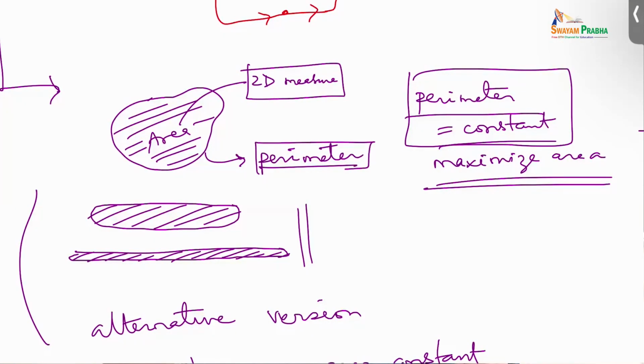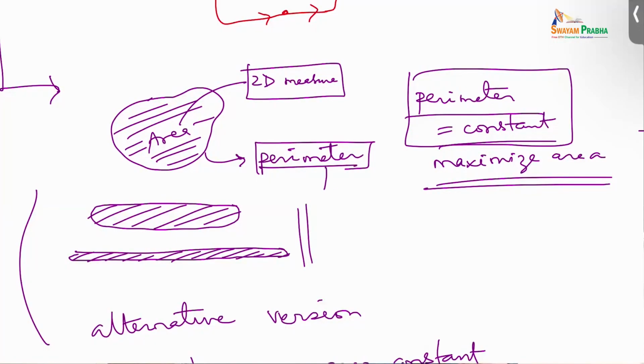Okay, so the area is a 2-dimensional measure. What about the perimeter? You see, the loop is a boundary of this region, and the boundary is 1-dimensional. It's a curve. So length makes sense, and length is a 1-dimensional measure. So this perimeter is a 1-dimensional measure. That's your perimeter, that's your length.